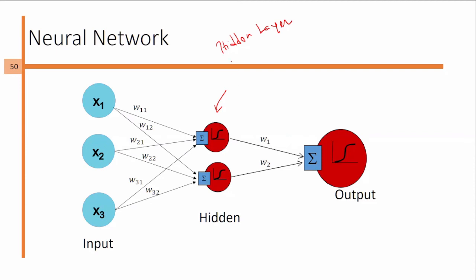Why do we call it the hidden layer? Because only the input and output are visible to other systems. The hidden layer is only visible within the neural network and not outside. That's why we call it the hidden layer.